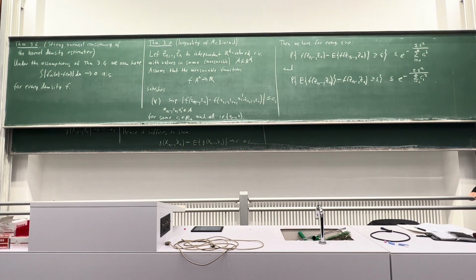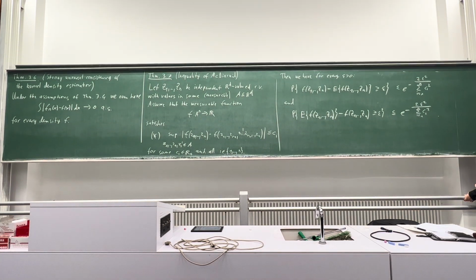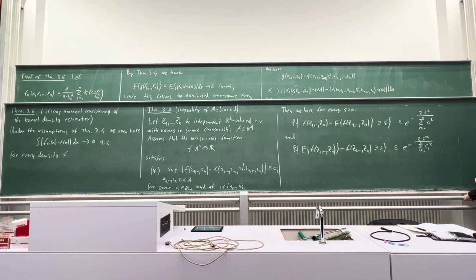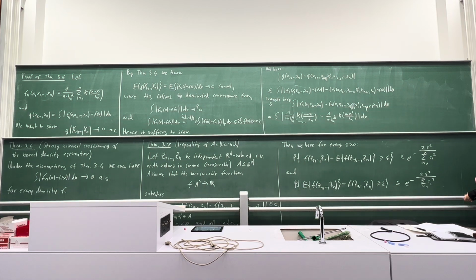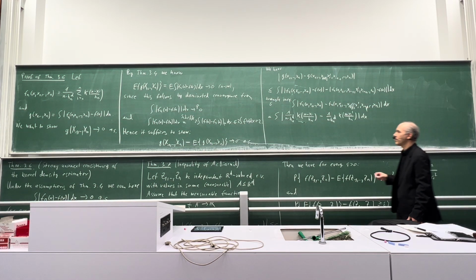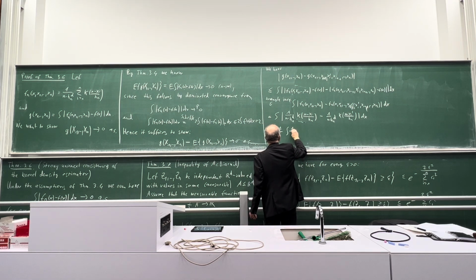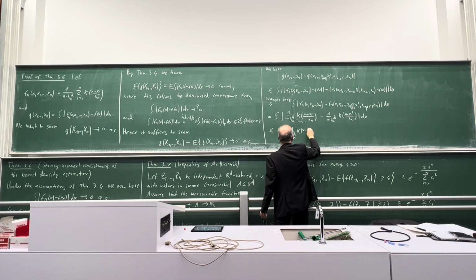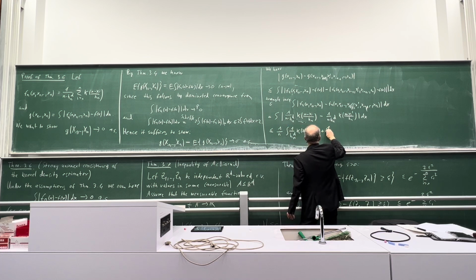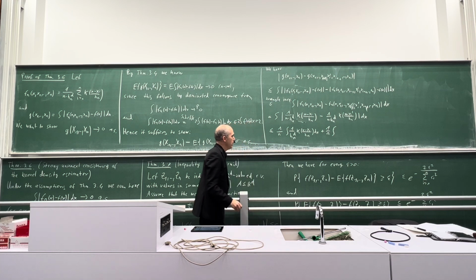So you see the whole thing is less than or equal to 1 over n times the integral of 1 over hn to the d, k of x minus xi divided by hn, dx, plus the same term with xi prime.